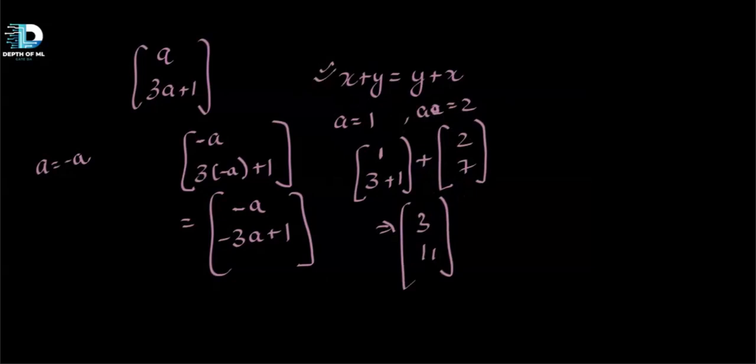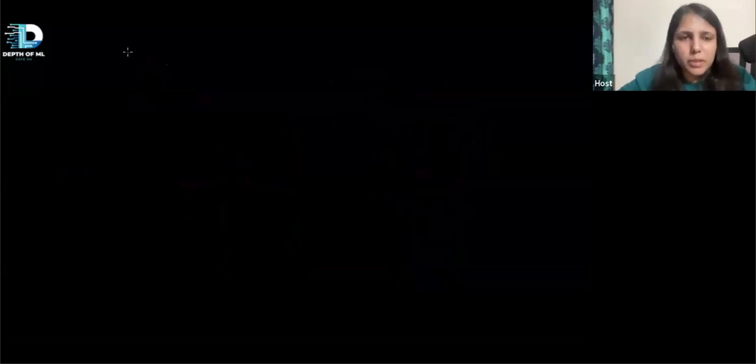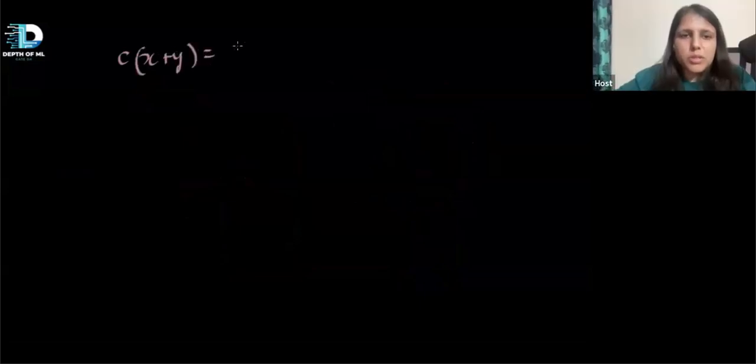Also, ma'am, c into x plus y is equal to cx plus cy. Okay, let's see that. Can you tell me once again? c into x plus y is equal to cx plus cy. Yes, ma'am, distributive property.